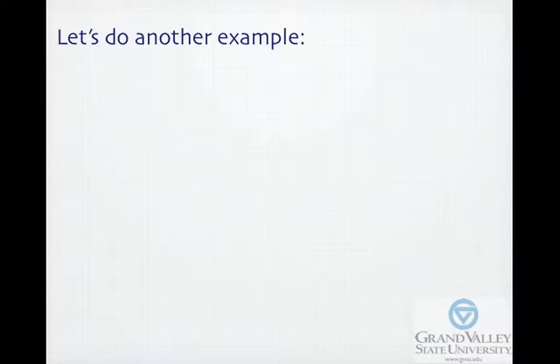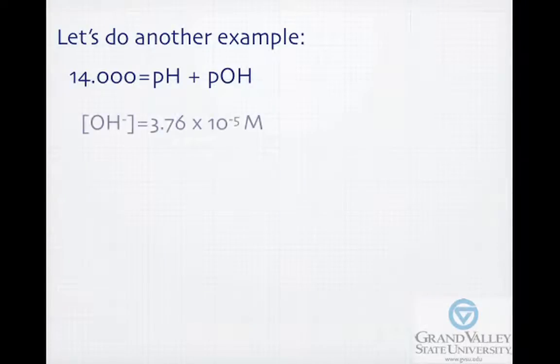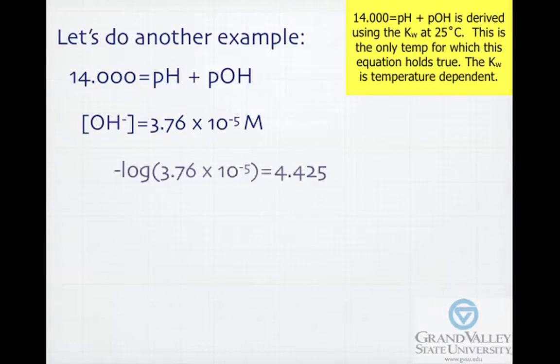Let's do another example. We just derived that 14 is equal to the pH plus the pOH. If we know that our hydroxide concentration is equal to 3.76 times 10 to the negative 5th molar, we're first going to calculate the pOH. So we're going to take the negative log of 3.76 times 10 to the negative 5th, and that's equal to 4.425.